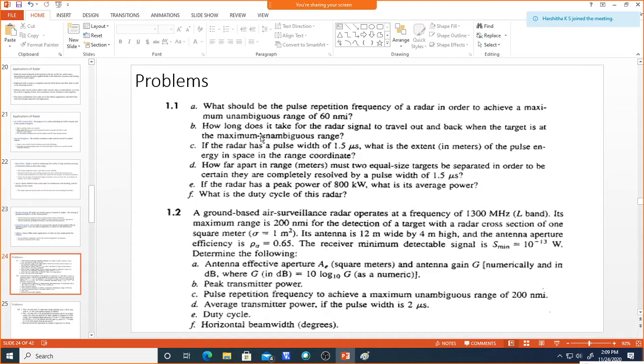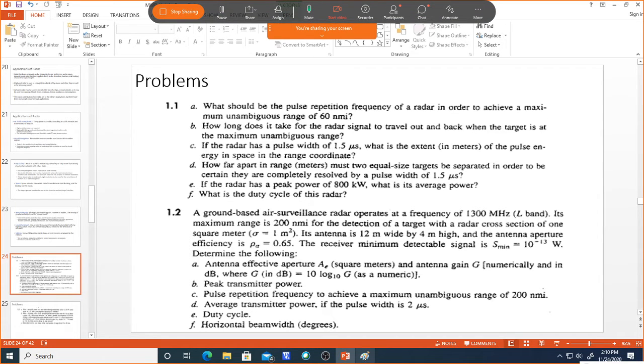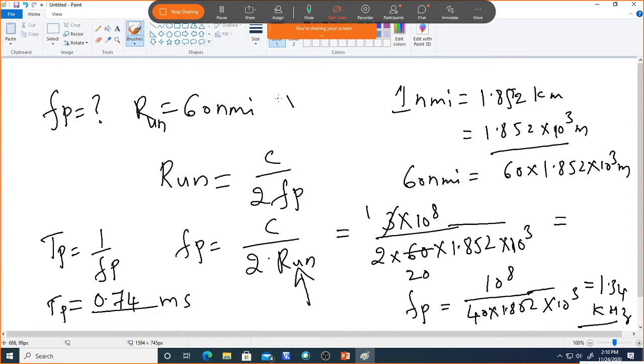Now, how long does it take for the radar signal to travel out and back when the target is at maximum unambiguous range? Say you have a transmitter here and there is a target.